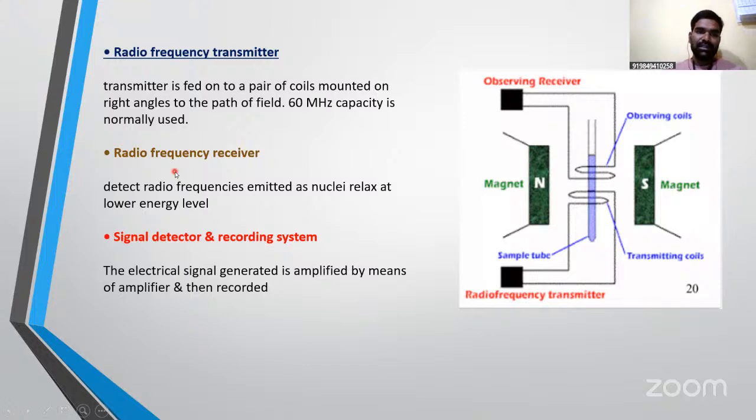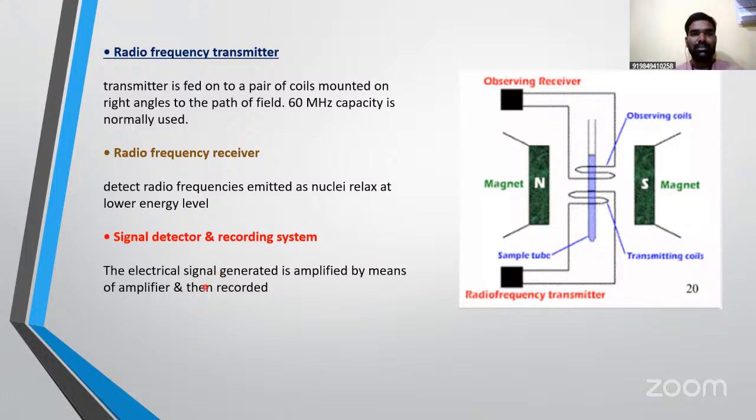The radio frequency receiver detects the radio frequencies emitted as nuclei relax at lower energy levels. So that is taken to the signal detector and recording system. The electrical signal will be generated and amplified by means of an amplifier and then recorded. There will be low signals which can be amplified and recorded in the recording system.